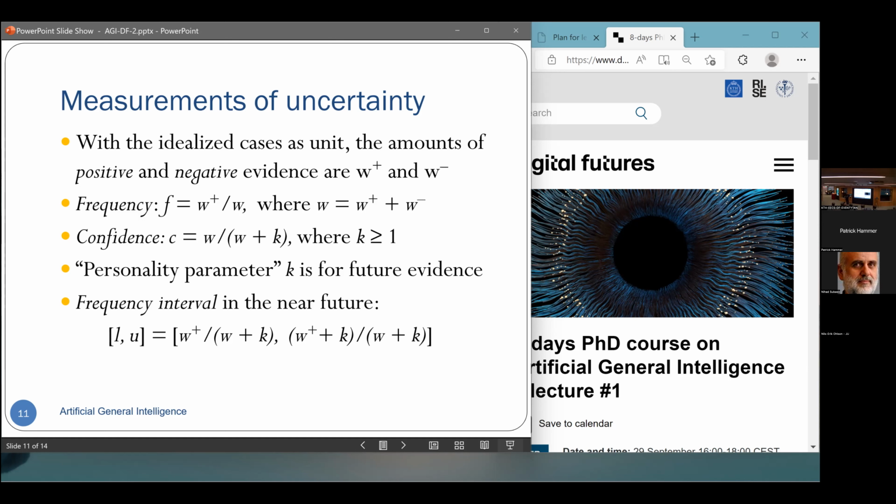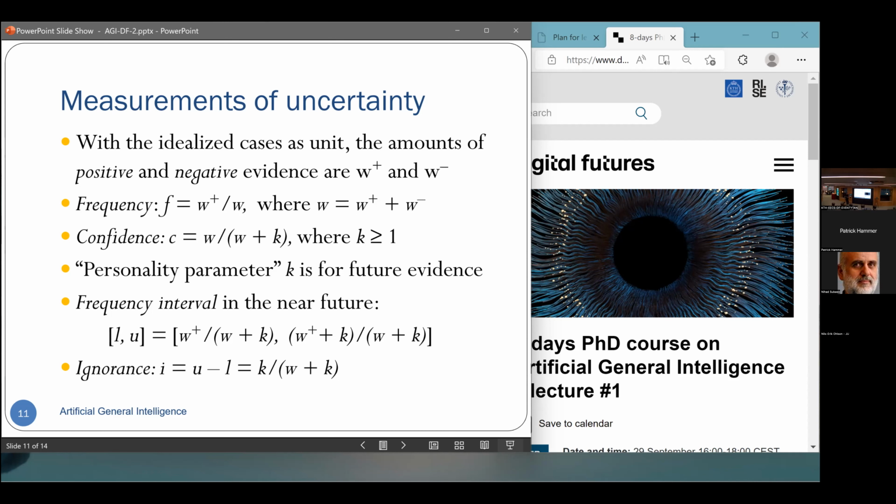So that's one extreme. The other extreme is all the coming evidence in the near future are positive, which will make both of these increase by K. So everything else is in between. Okay. So if your current frequency is here, I know in the near future your frequency will be in this interval. So that's another way to talk about uncertainty.